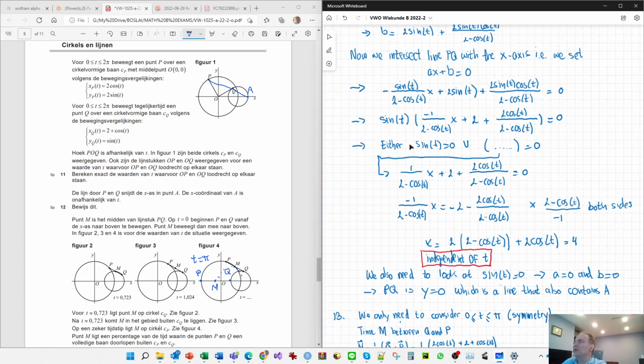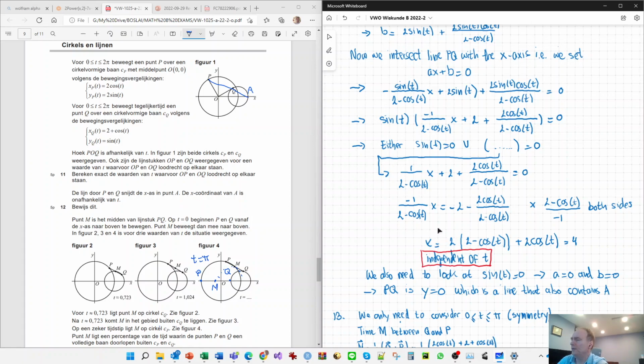Now the other solution would be sine of t equal to 0. If somehow this would be a situation where you don't intersect A, then actually it would be dependent on t.